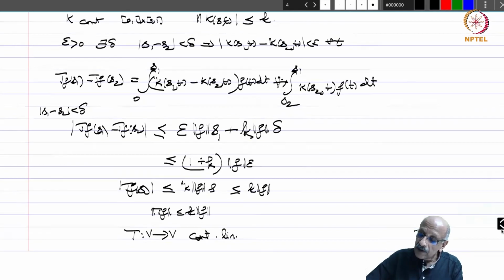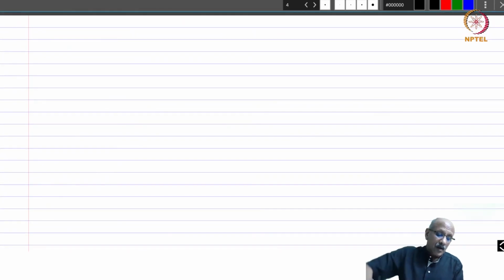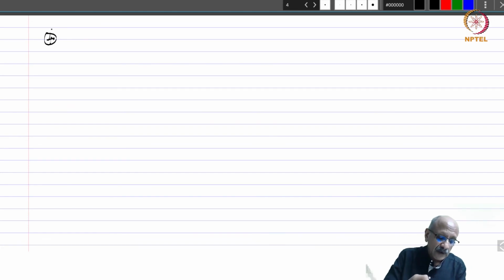Okay, so we have seen some examples of mappings which are continuous linear mappings. So let me give you finally an example of a mapping which is not continuous but linear.